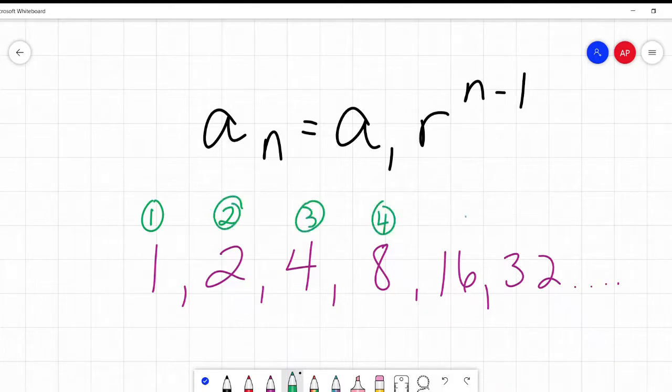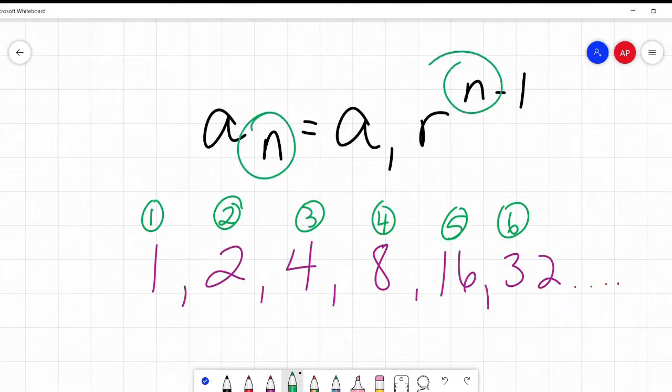This is the fourth. This is the fifth. This is the sixth. So this right here would be A sub 2. It is the second number. This one here would be A sub 4. It is the fourth number. And so on. That's all that n represents, the place in the sequence of this number.